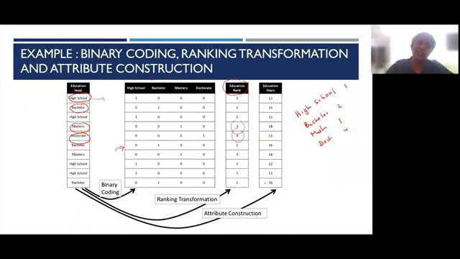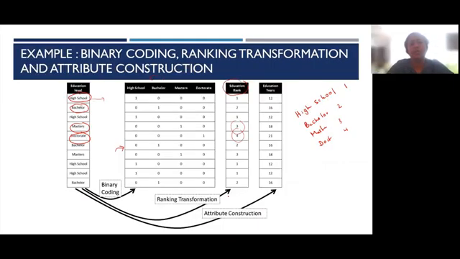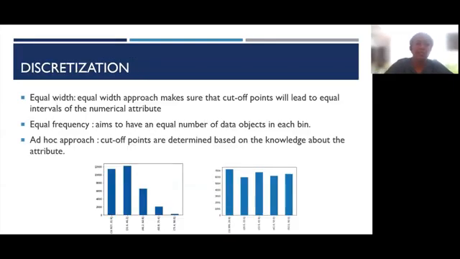Discretization is the other way around: numbers into categories. Of course, you can break it into different categories. You can come up with ranges and put values into them. Equal width, for example, with GPA: 0 to 1, 1 to 2, 2 to 3, 3 to 4.